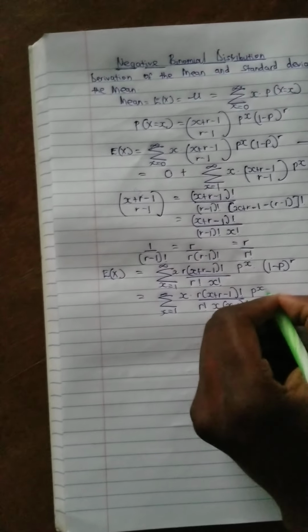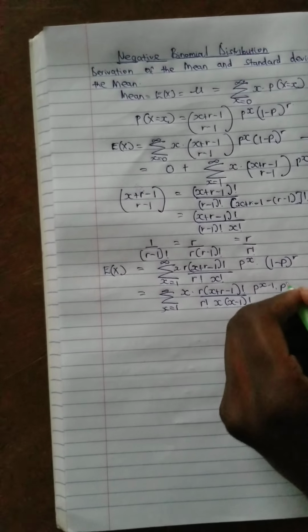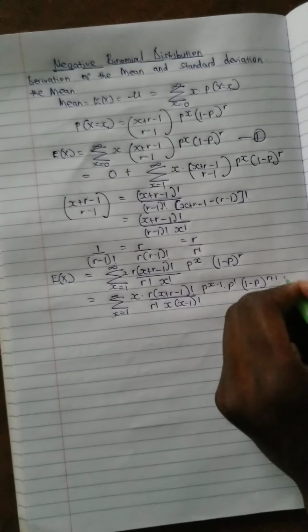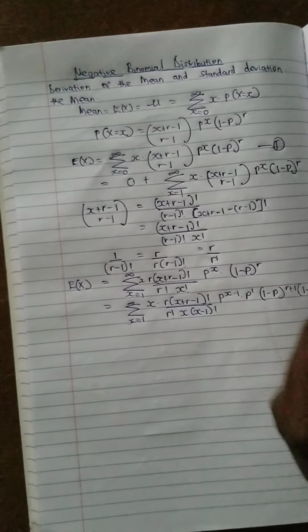This is p^(x minus 1) times (1 minus p)^(r plus 1) times (1 minus p)^(negative 1).